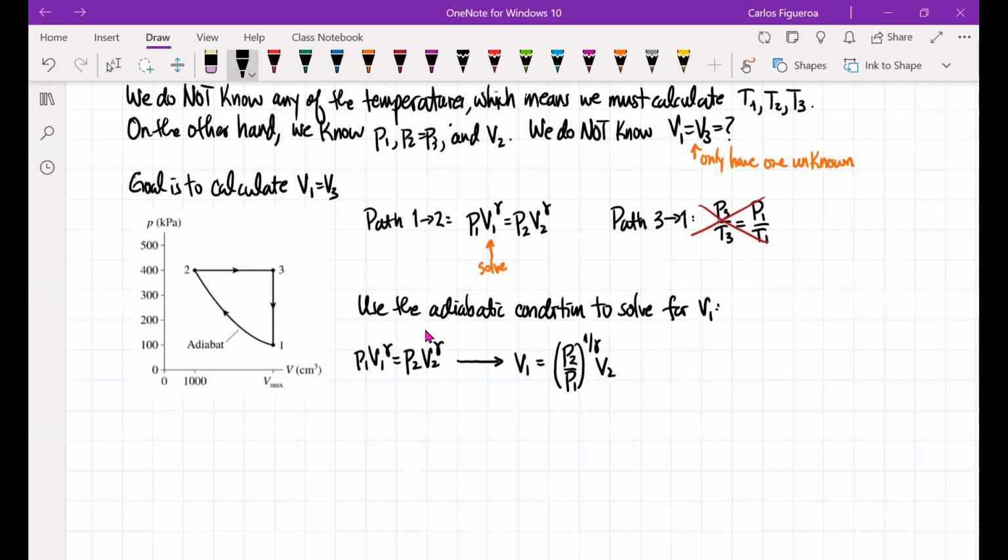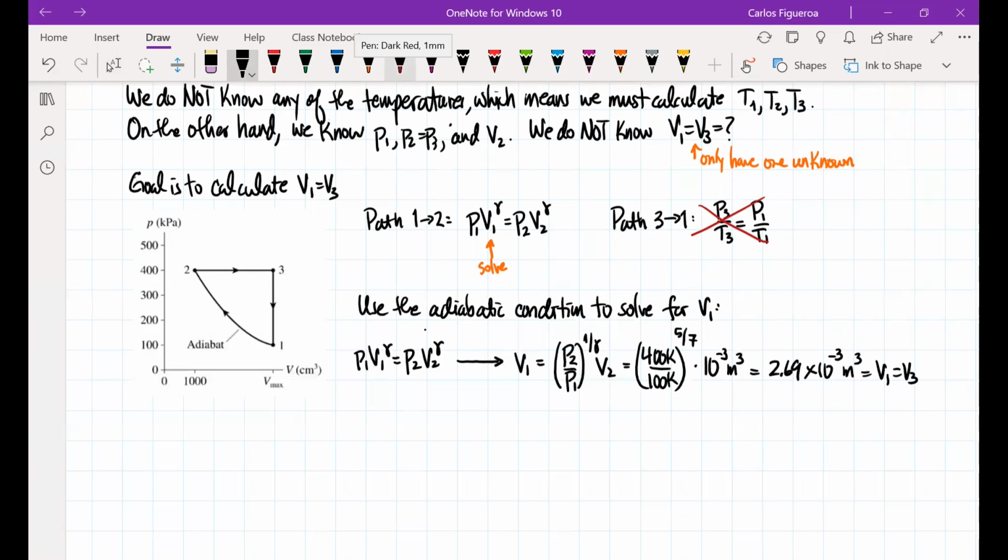Now if I just pick off the values from the table, this is going to be 400 kilopascals over 100 kilopascals to the 5/7 power, times 10 to the minus 3 cubic meters, which gives me 2.69 times 10 to the minus 3 cubic meters. And this is V1, V3.